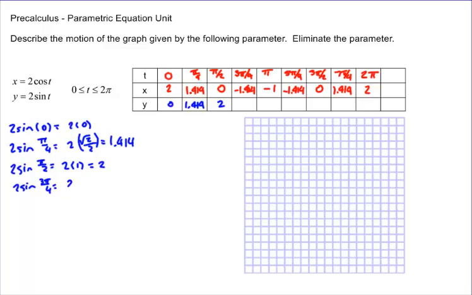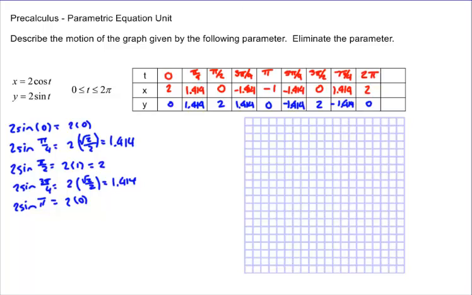Well, that's the same thing as 2 times the square root of 2 over 2 again. And then when I'm around pi, can you see the pattern? 2 sine of pi is 0. And then I'm going to be below the x-axis, so now I'm going to have negative 1.414, negative 2, negative 1.414, and back around to 0.